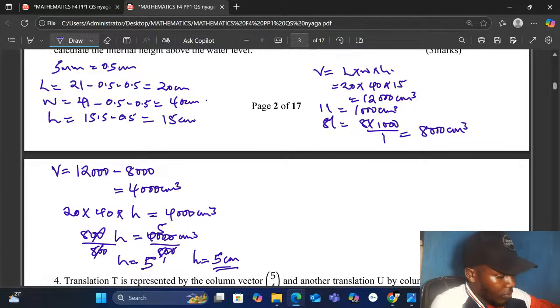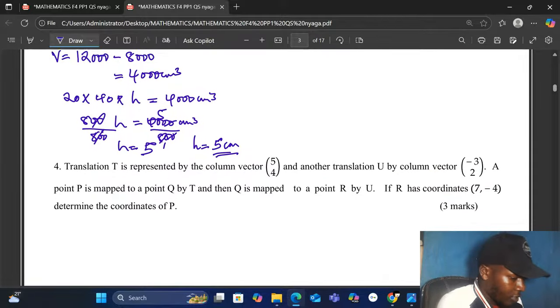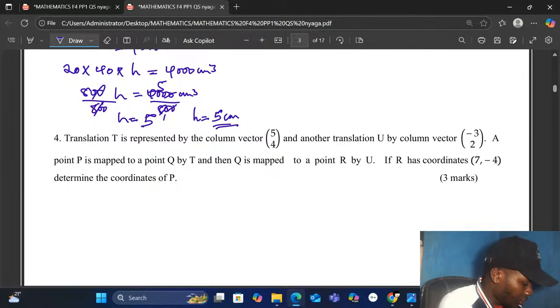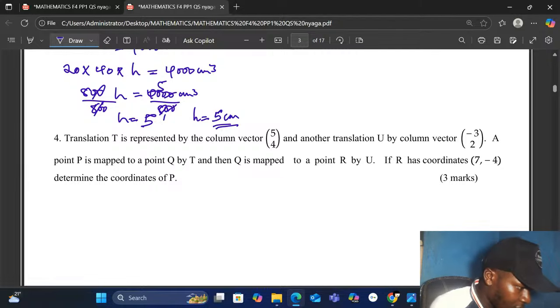Then move to the next question, number 4. Translation T represented by the column vector 5, 4, and then another translation U by column vector -3, 2.